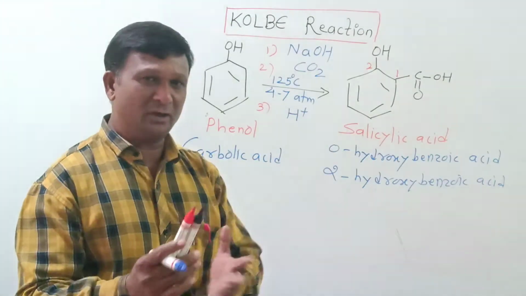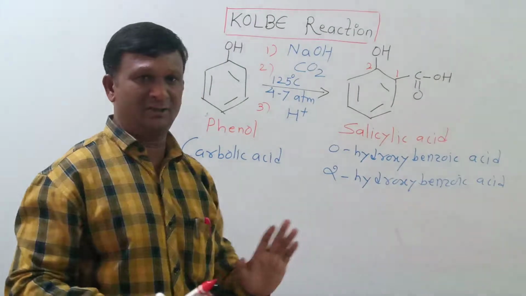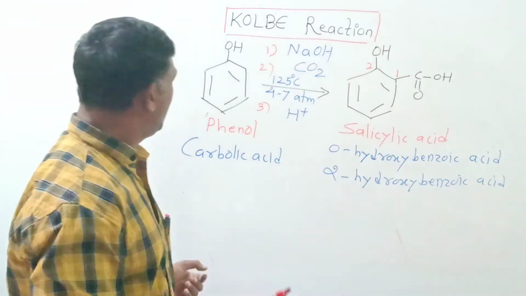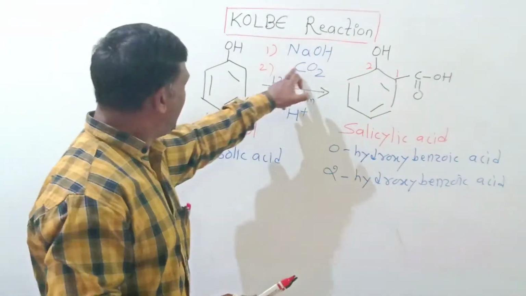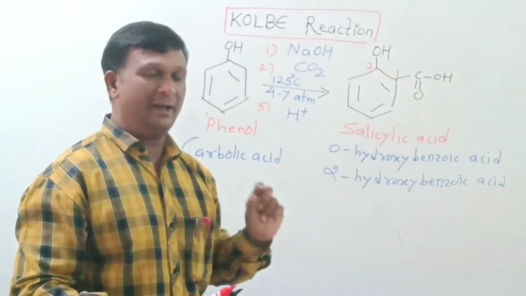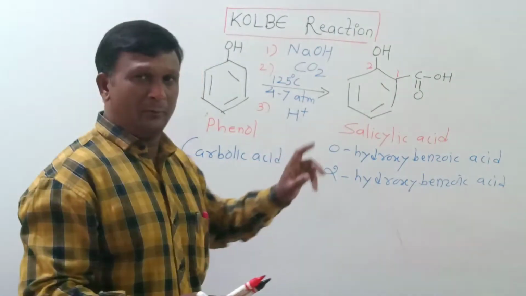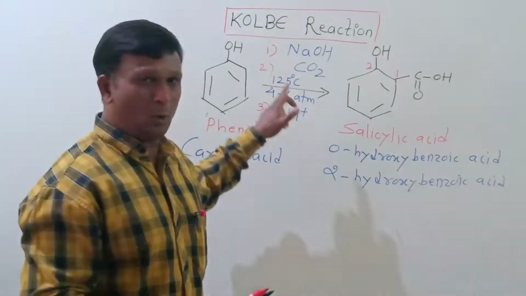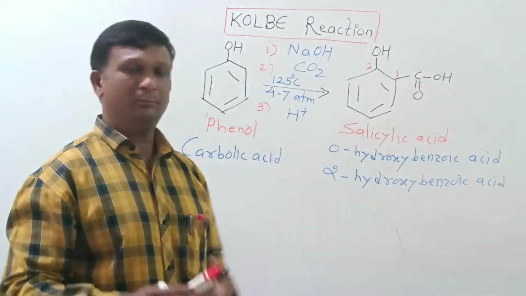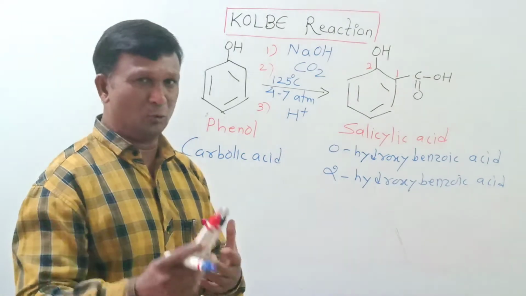Now again the question is why these reaction conditions are used. The first thing is that carbon dioxide is a weak electrophile. So for its attachment on the benzene ring, some special conditions are used.